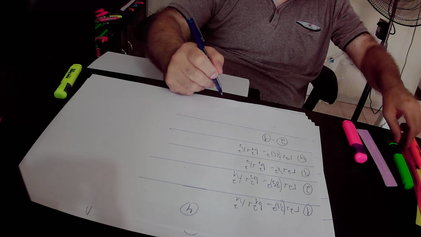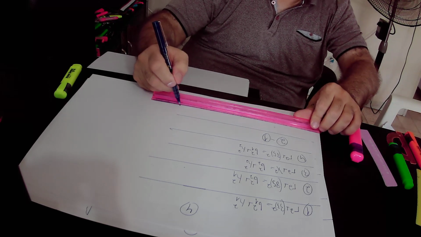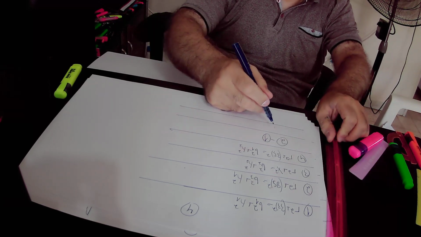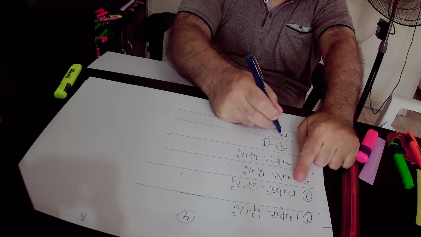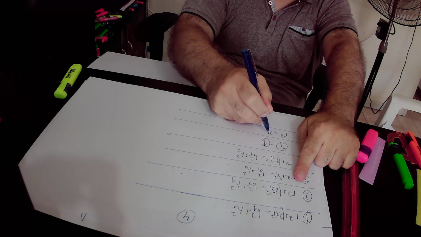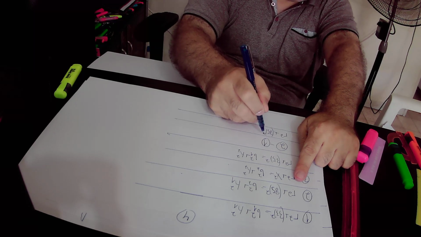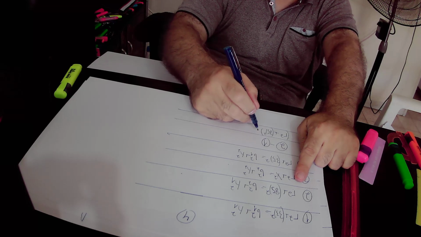So here, in this side of equation number 2 we have R square plus 85 square, minus equation number 1.